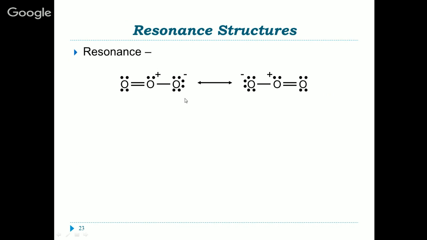These are both acceptable structures of ozone, and neither one of these is more stable than the other because I have the same types and number of charges on similar atoms. And with resonance, there isn't really ozone that just exists like this and just exists like this. What we really see, if we looked at an electrostatic potential map, is that there's a general sharing of these extra electrons across these bonds.